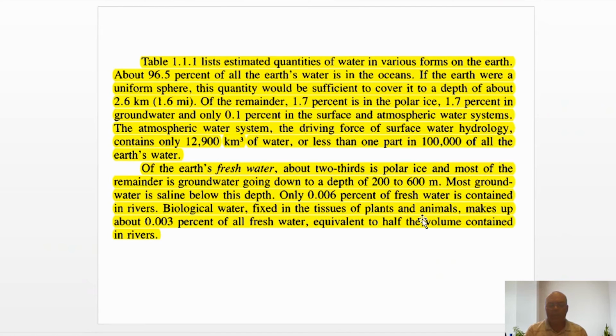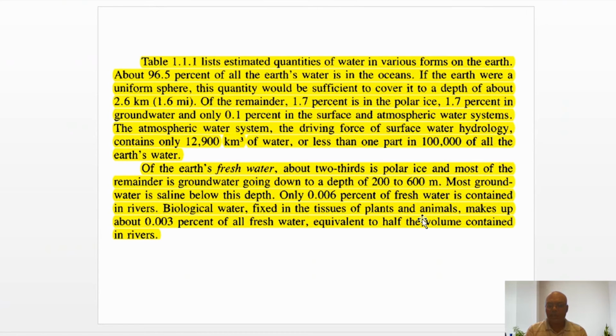We know that 96.5% of the water is in oceans, and that is saline, but human beings and animals need fresh water for drinking purposes. So fresh water is only 3.5%.